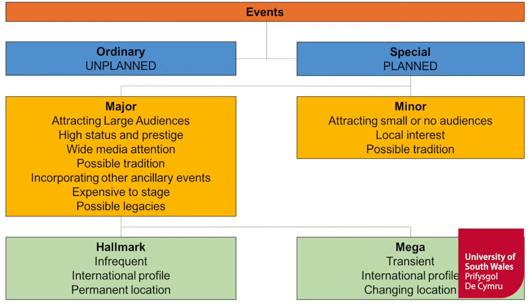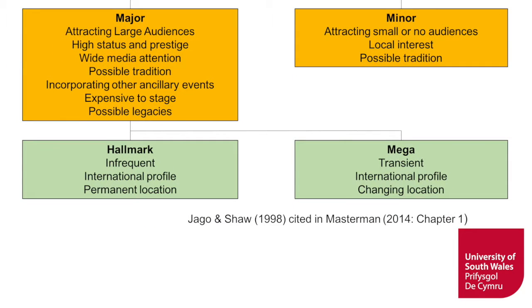There's very local interest and there's potentially some tradition attached. Looking at the major events, that can be split into 2 categories again. You have those hallmark major events, which are delivered infrequently and have an international profile and have a fixed location. But also you have mega events. So they can be transient, they can move around, location changes from year to year. And they still have an international profile, but it's changing location.